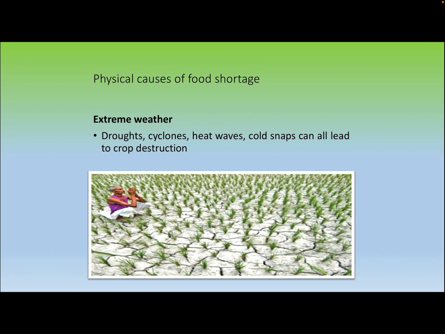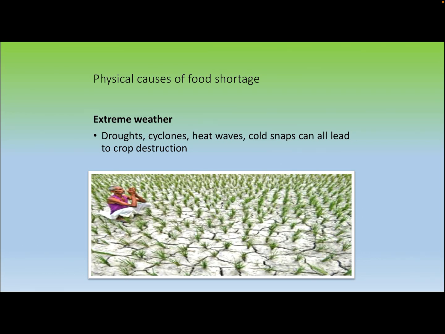By the time the typhoon is done, 80% of the rice is gone. The remaining 20% that's left is in bad shape and cannot be harvested properly. So that year you have zero crop yield, right? So what can cause food shortages? Extreme weather conditions.